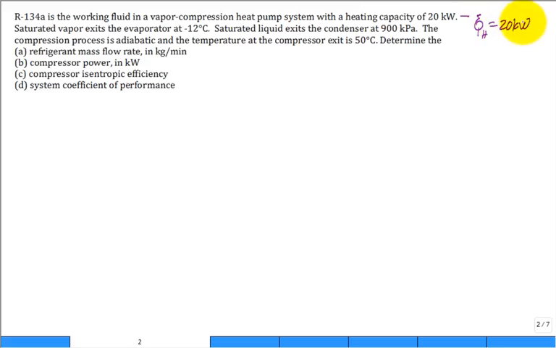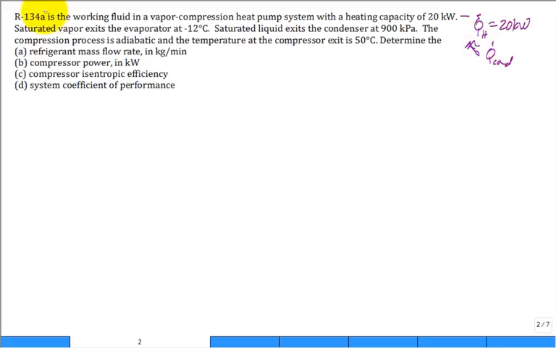Is that heat transfer happening in the condenser or in the evaporator? Condenser. It's in our condenser. So maybe Q dot in the condenser. It's what comes out of that refrigerant and is dumped to a high temperature sink, the inside of your house.